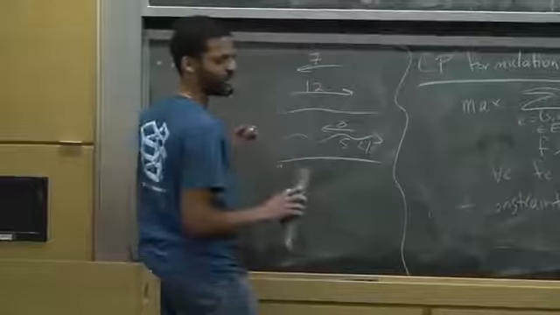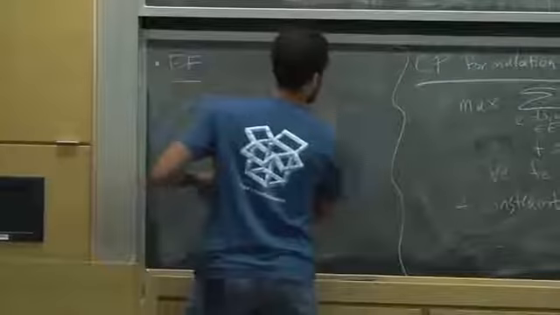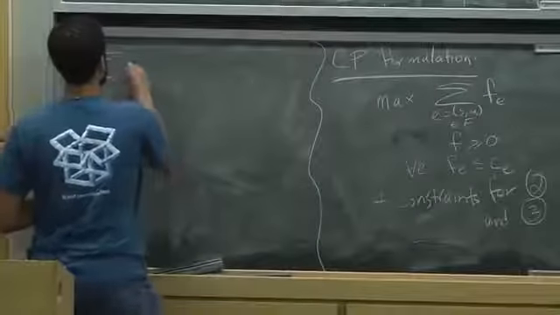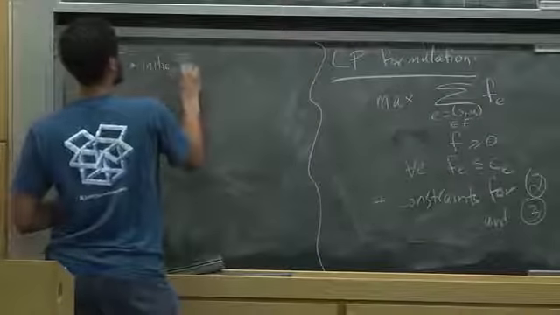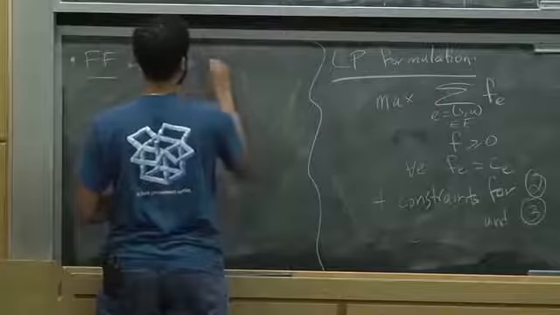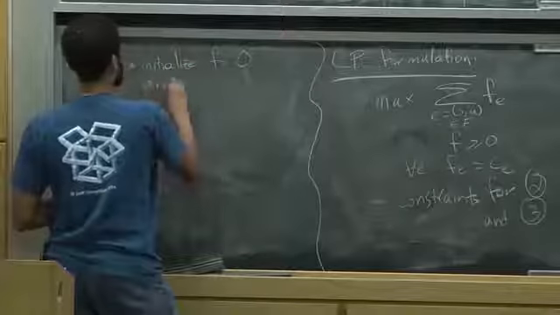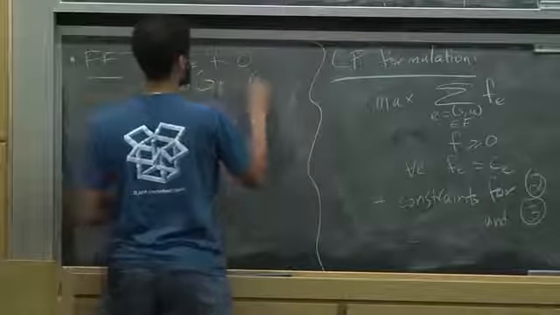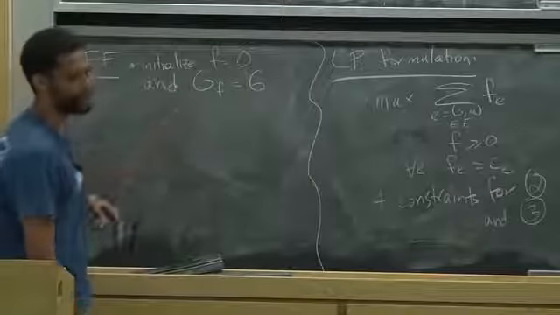Okay, so Ford-Fulkerson initializes f to be 0, and Gf is just G, by that definition.